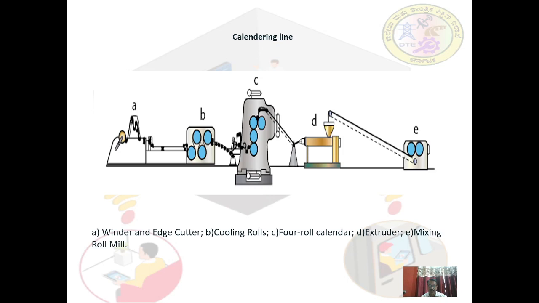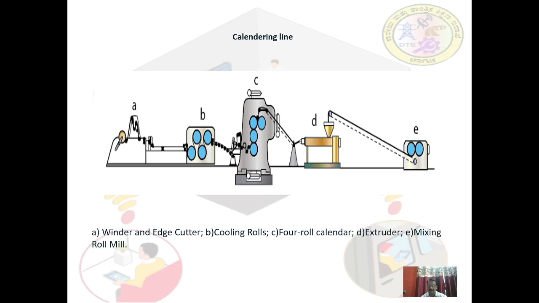The roll mill must be able to withstand the extreme forces to which it is exposed and hence be made extremely rigid.